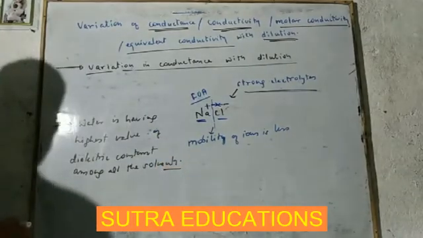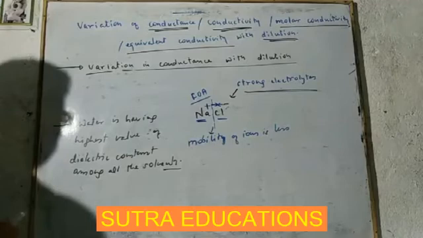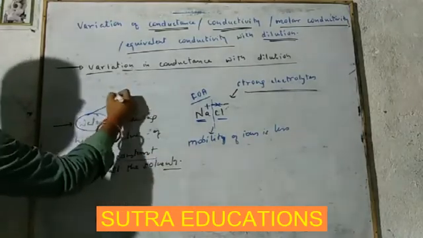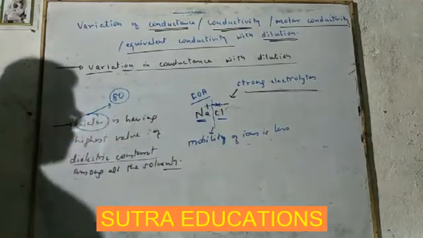So water has the highest value of dielectric constant, and for water the value of dielectric constant is around 80.